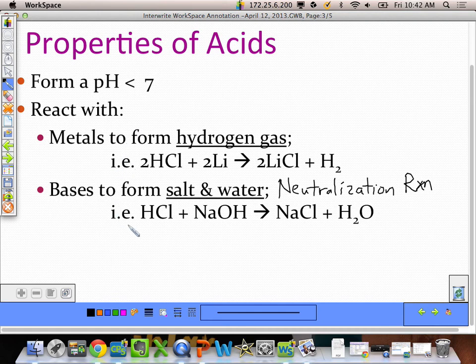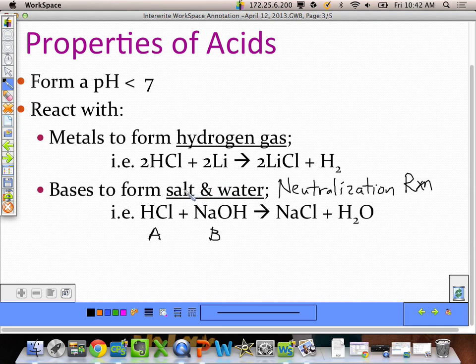So when I take an acid, which that's right here, HCl, and a base, NaOH, and I put the acid and the base together, now notice I'm not doing the displacement with water and identifying which one's becoming an acid. I'm actually taking something that's already an acid, an aqueous solution of HCl, and an aqueous solution of a base, NaOH, and putting them together.